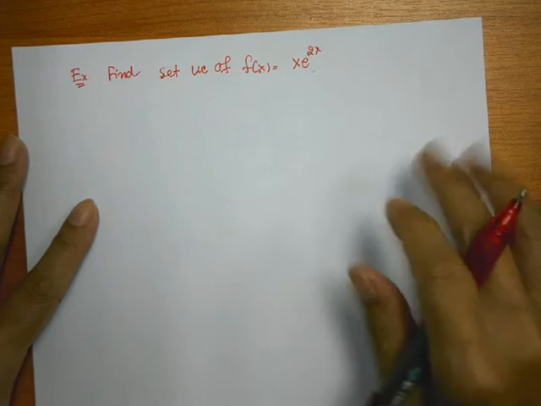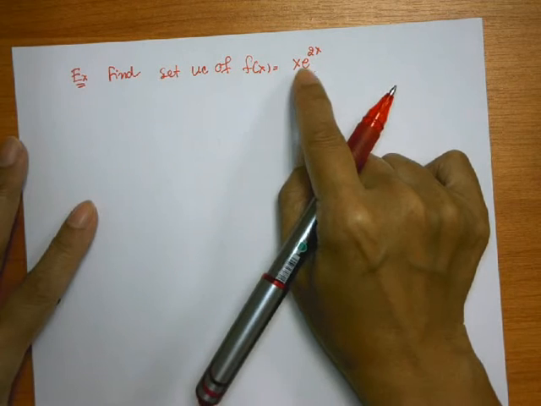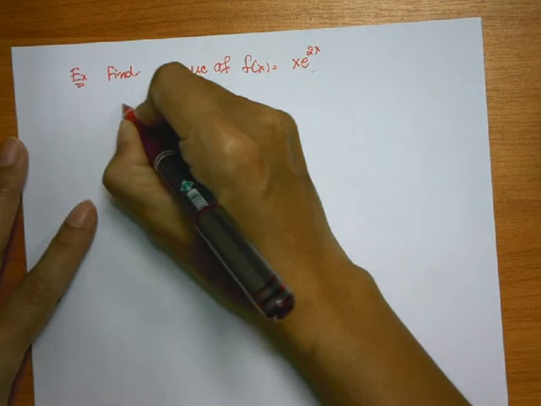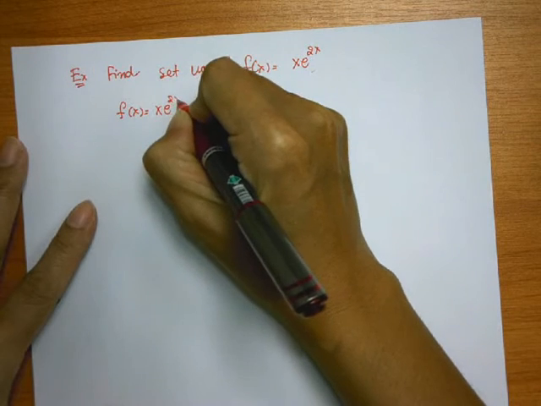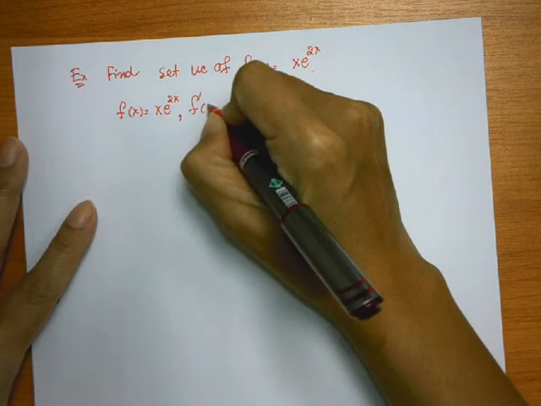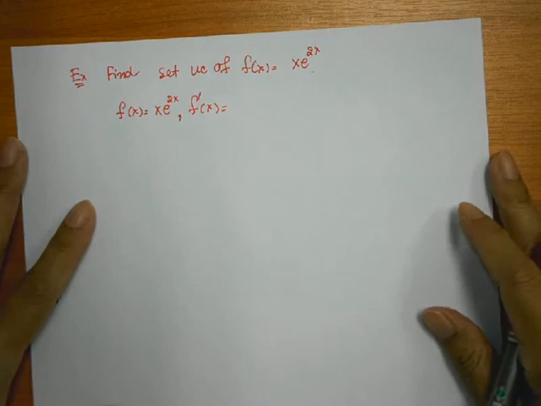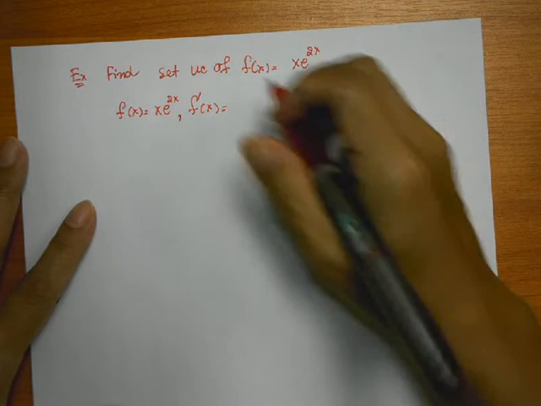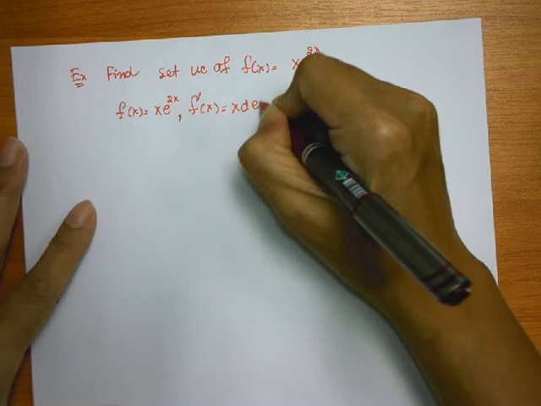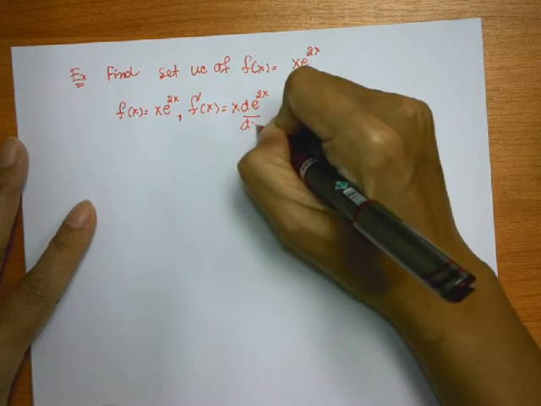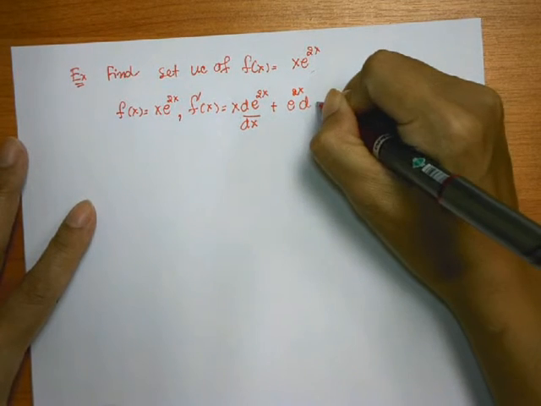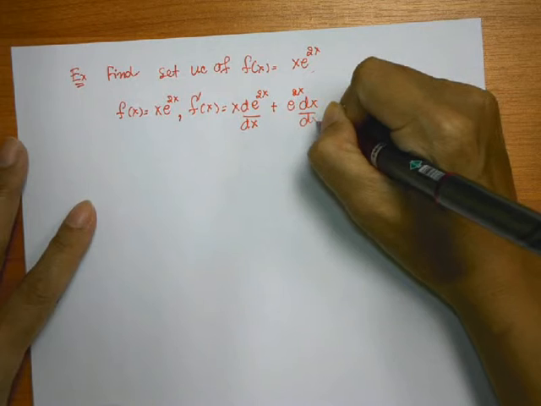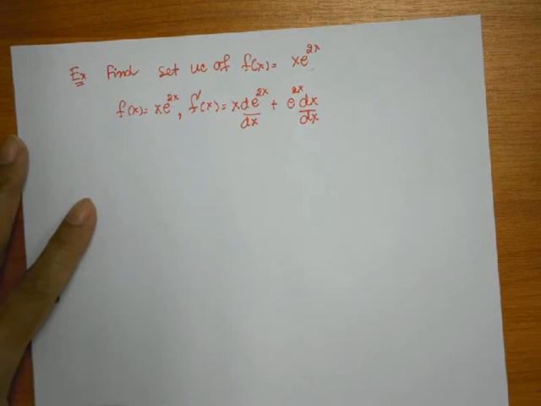Now, to find the UC set of this function, you've got to take the derivative of f(x). The first derivative is what? x d/dx of exponential of 2x, plus exponential of 2x dx/dx.